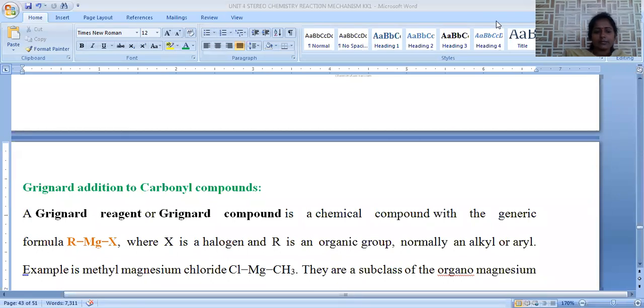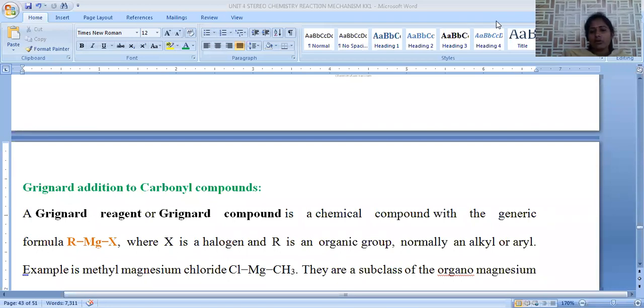here is the mechanism. When we are taking propene, when this propene is added to H plus, this H plus can be added to either first carbon or second carbon. When it is added to first carbon atom, we will get secondary carbocation, whereas H plus attached to the second carbon, we will get a primary carbocation. So which is the stable carbocation among these two?